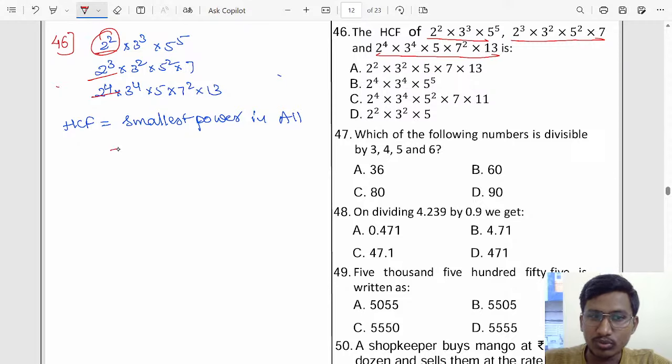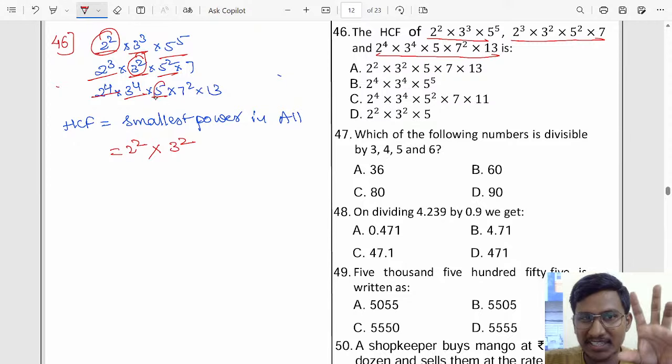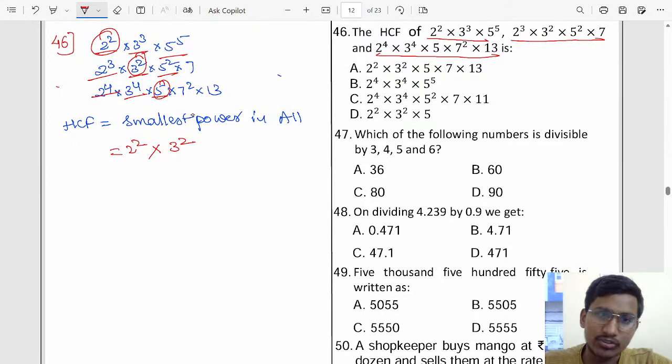Next, 3 is there in all the numbers. Which is the smallest? 3 power 2. Now 5 is also there in all the numbers, and the smallest is 5 power 1, that is into 5. Now 7 is not there, and 13 is also not there in all the numbers, so we should not take them.